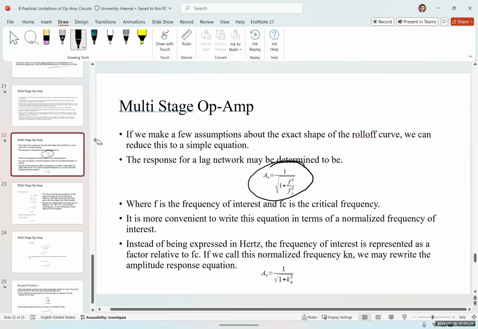It is more convenient to write this equation in terms of normalized frequency of interest. Instead of being expressed in hertz, the frequency of interest is represented as a factor relative to FC.